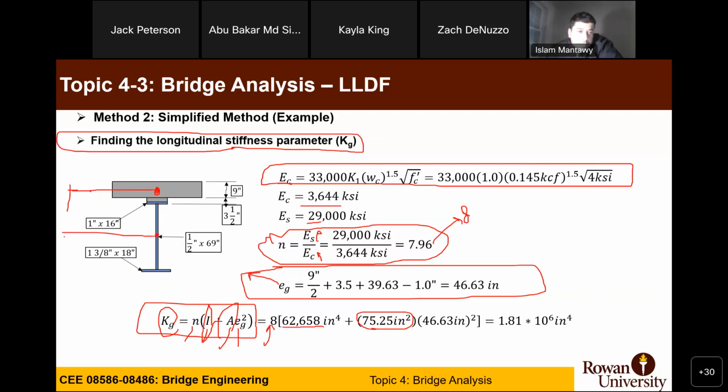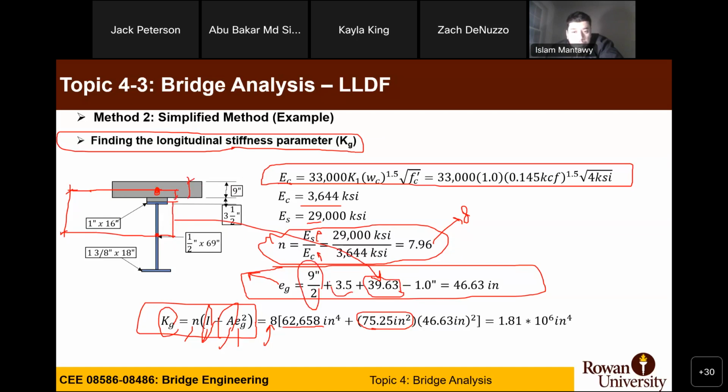The distance from the centroid to the top of the top flange is given as 39.63, or you have to calculate it as we did in homework number 3. 9/2 is half the concrete slab thickness, this distance.